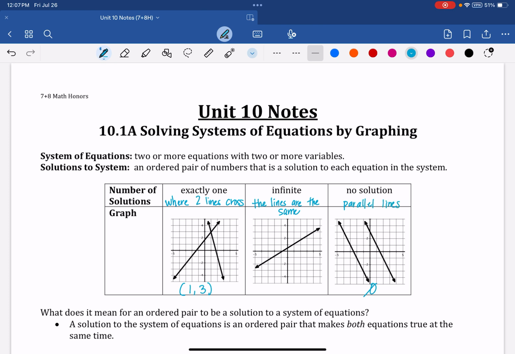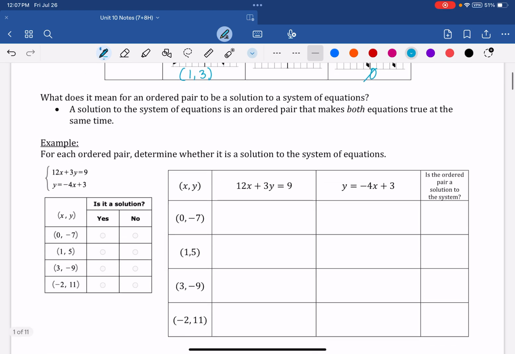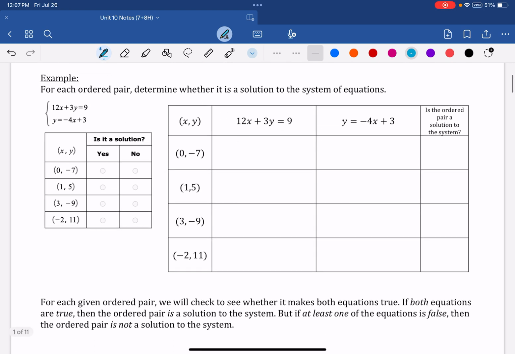So what does it mean for an ordered pair to be a solution to the system of equations? A solution to the system of equations is an ordered pair that makes both equations true at the same time. So if we have a system of equations, 12x plus 3y equals 9, and y equals negative 4x plus 3, and it says, is it a solution?